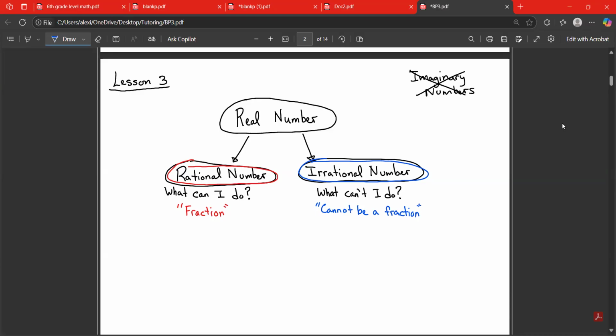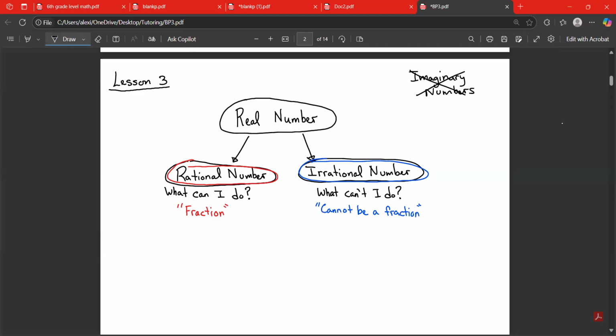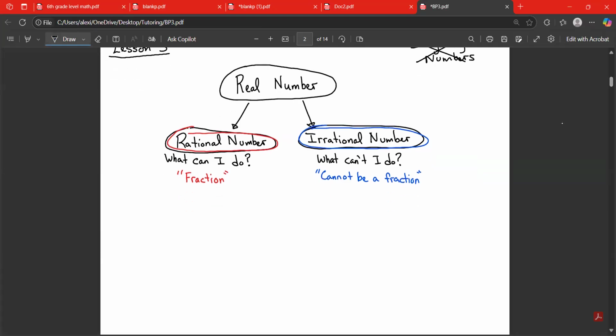So now you're probably wondering, are there different types of rational numbers? Yes, there are. So remember, when you're writing, make sure you're reading.